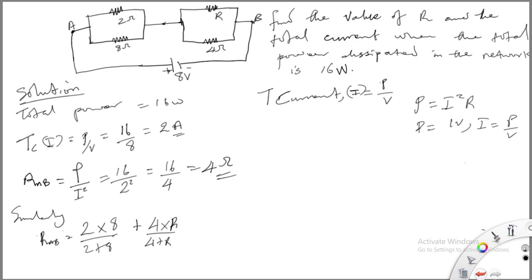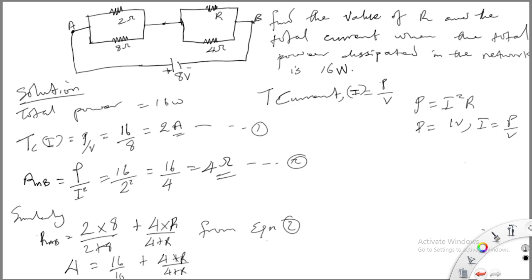So if you remember, let's say this is 1 and this is 2. So from equation 2 above, you know that RAB is equal to 4 ohms. Therefore 4 is equal to this times this, 16 over 10, plus 4 times R over 4 plus R, right?